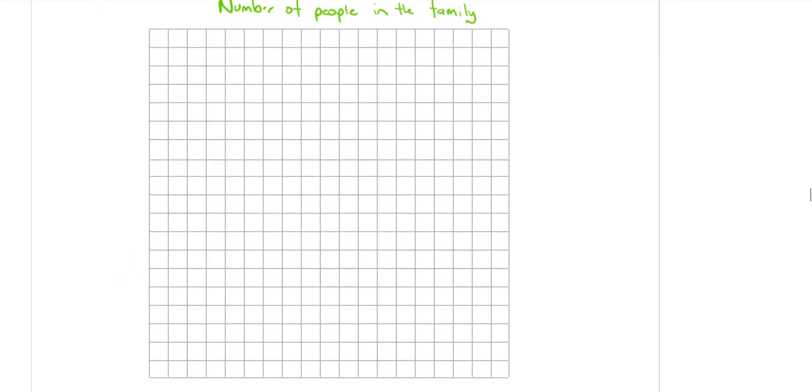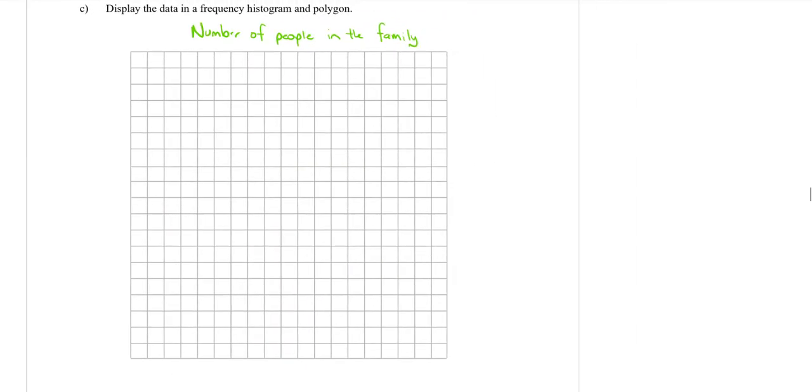So number of people in the family. Okay, we're going to set up our axes. Across the bottom is going to be the X values, the scores.